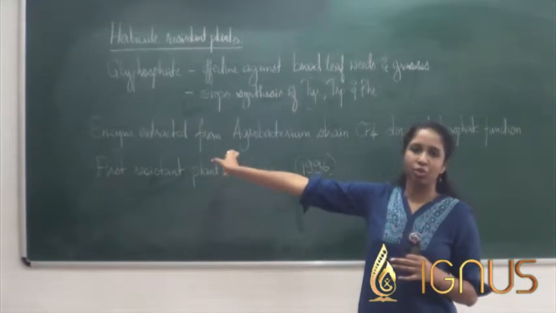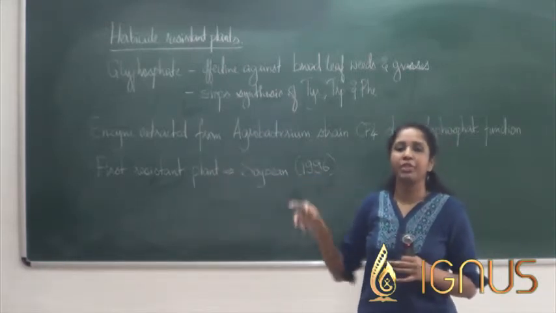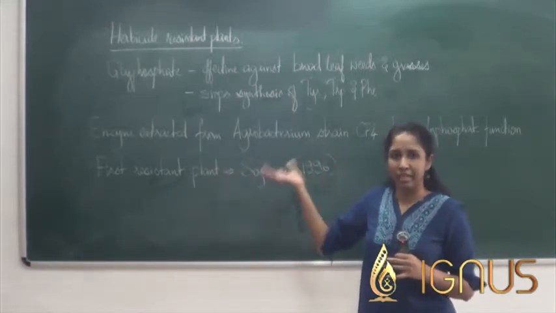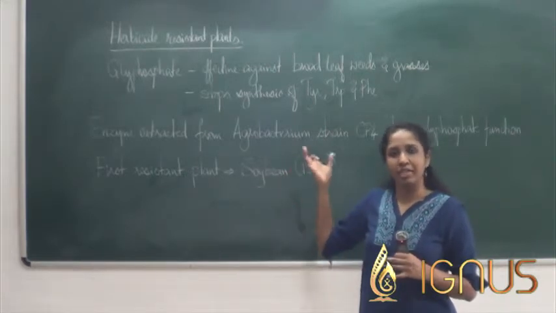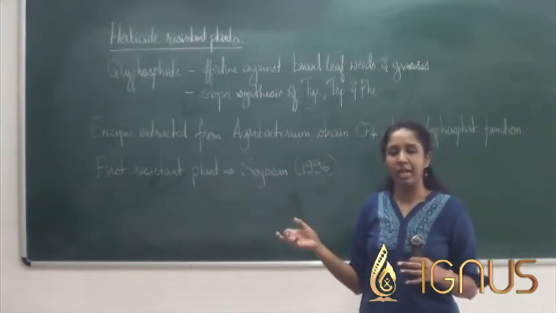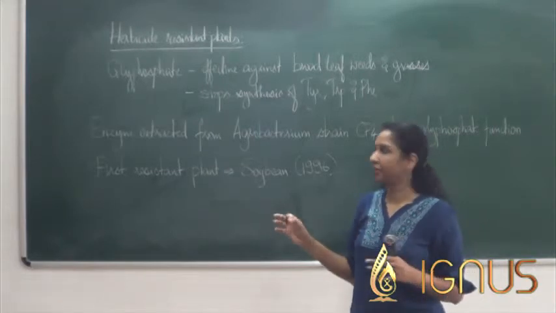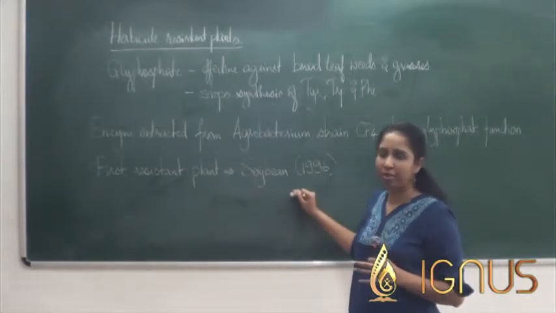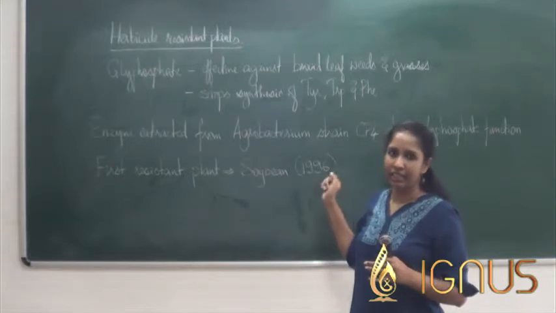So the gene which codes for this enzyme was put into the crop, creating a transgenic plant. So whenever glyphosate was sprayed on these plants, it did not kill the plant. The first resistant plant was soybean, which was created in the year 1996.